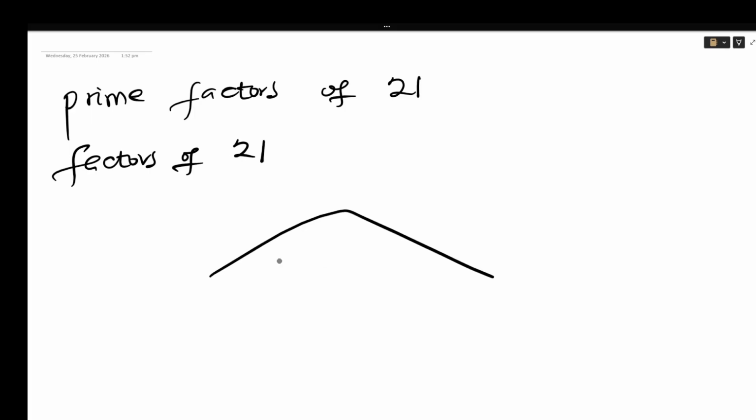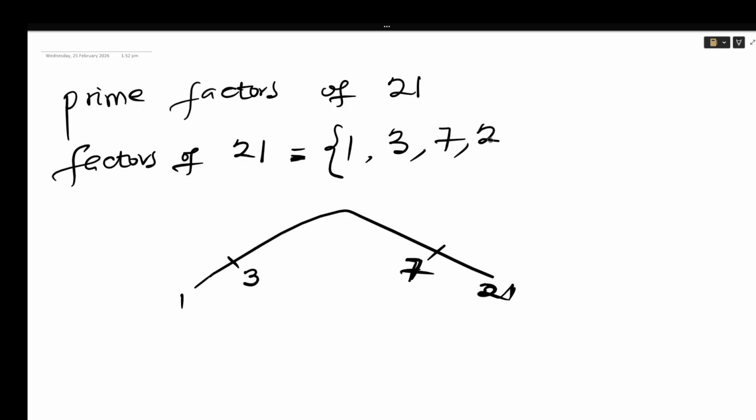We have our hill where we have 1 and 21 as constant soldiers. 2 doesn't divide 21. 3 does, and it divides it into 7. 4 doesn't. 5 doesn't. 6 doesn't. 7 does, but 7 is already on the hill. So that brings us to the end of finding the factors. Therefore we have 1, 3, 7, and 21. These are the factors of 21.